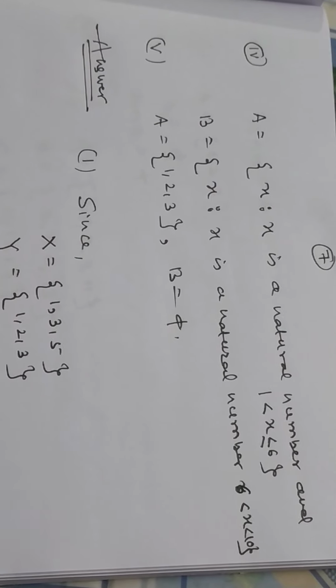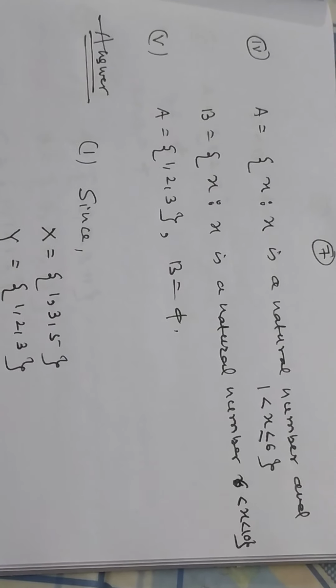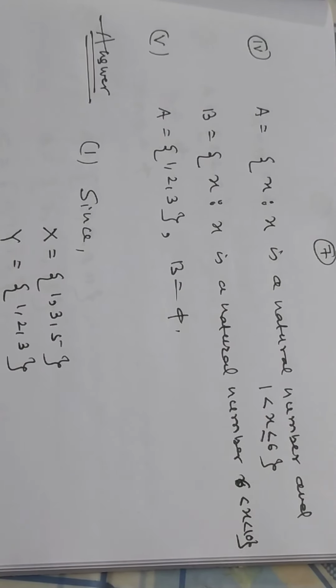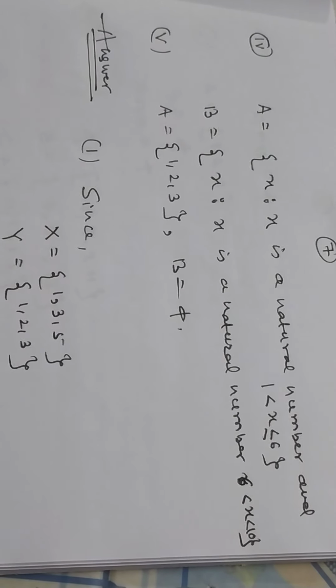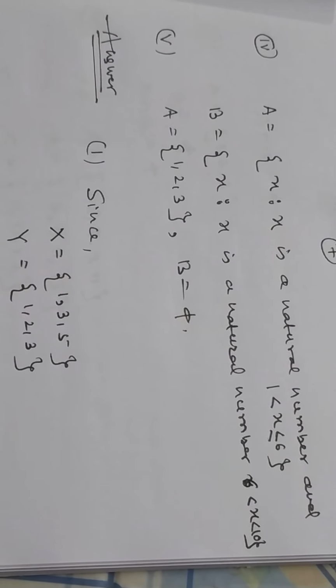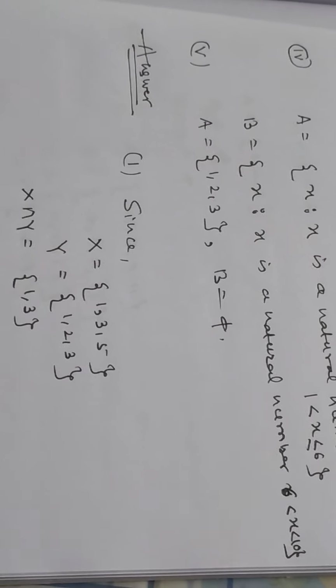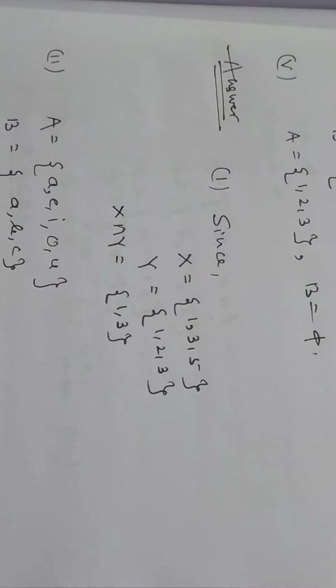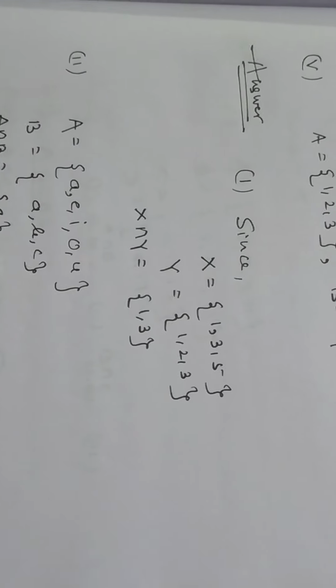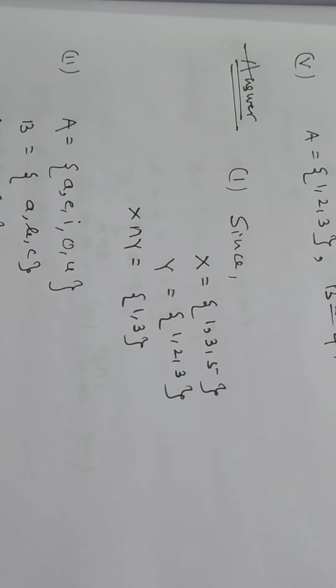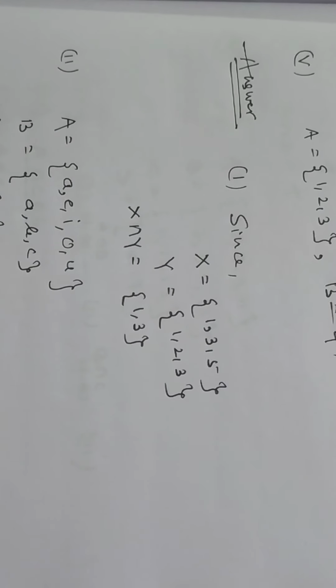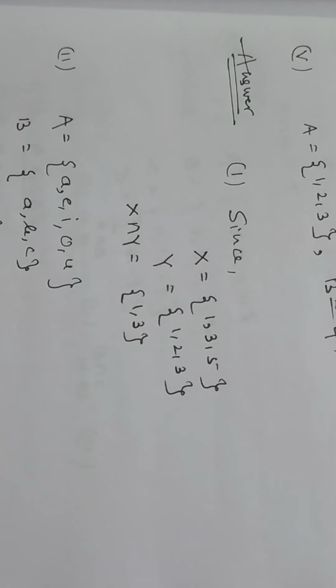B is equal to the collection of elements x such that x is a natural number and 6 less than x less than 10. And problem 5, A is the collection of elements 1, 2, 3 and B is equal to 5. The question is, how will you solve this type of problem? You must remember the definition also.